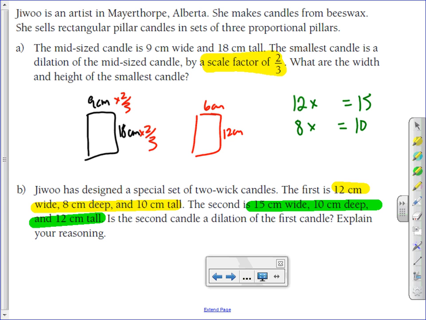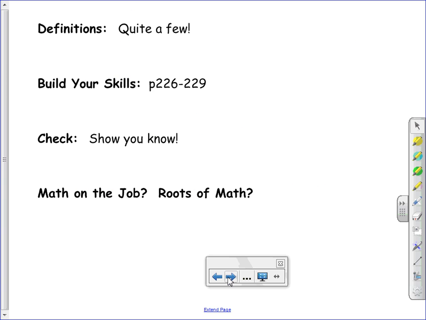And is that the same number that we multiply 10 by to make it into 12? So right away, the first thing that I notice is that this will be 1.2. And here, I don't think that will be 1.2. So is this a dilation? No, because this scale factor isn't constant. In order for it to be a dilation, the scale factor would have to be constant.